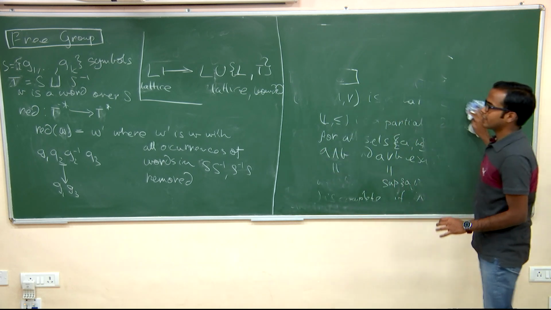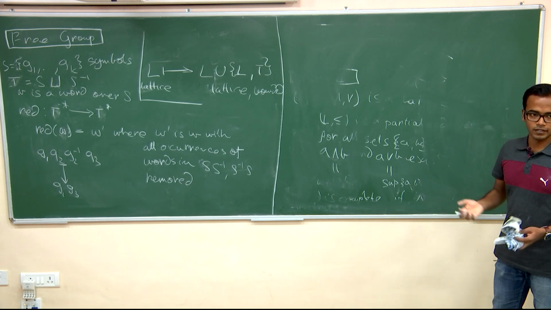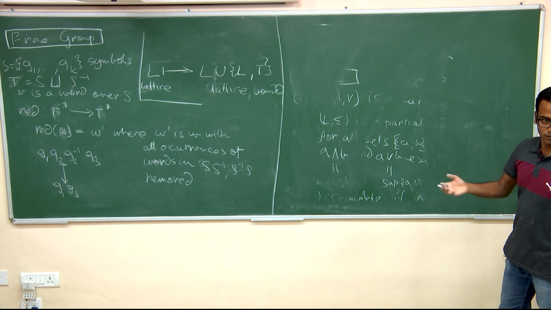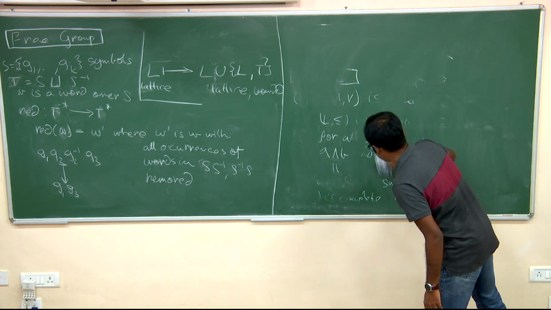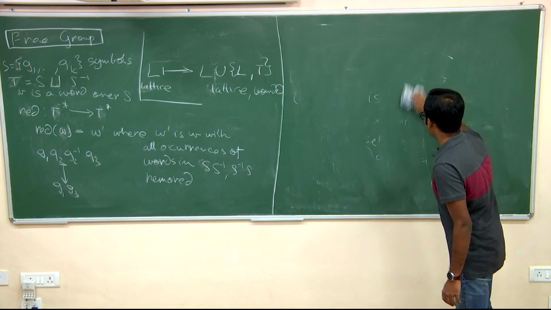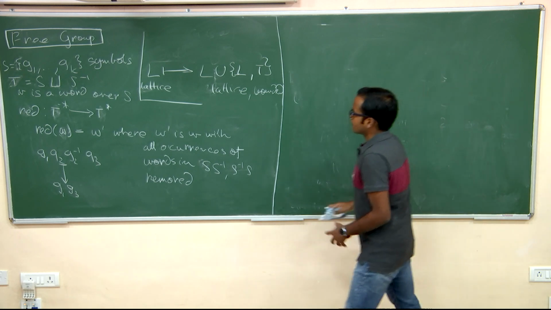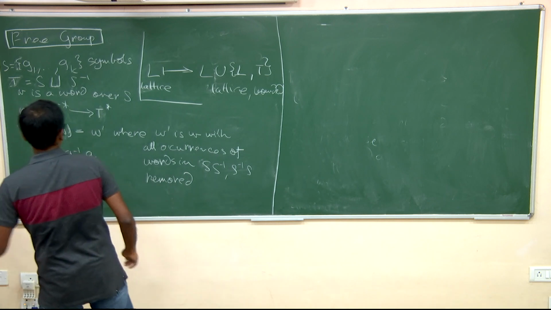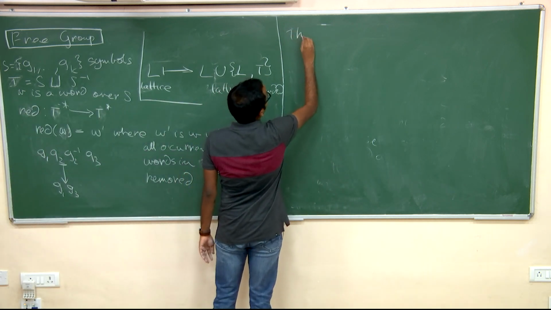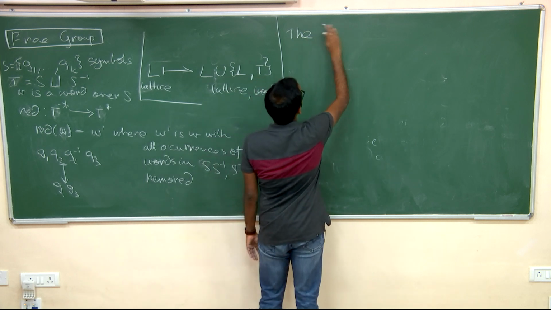Because in a group, that would just give you the identity element when you multiply it out. So that's all that the reduction operation is doing. Now the definition of free group.